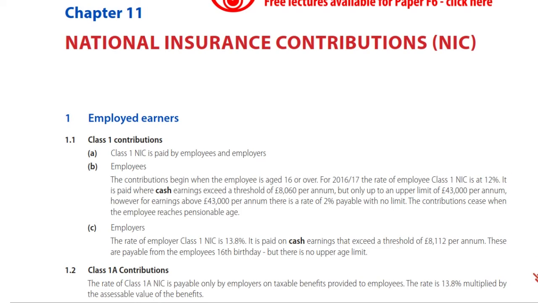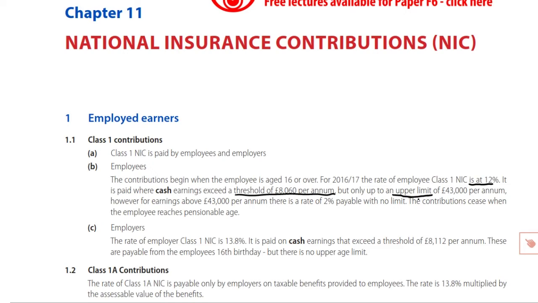So if we go over £8,060 per annum, then the rate is 12% on the amount above 8,060. But it doesn't stay at 12%, we'll be much relieved to hear, because that only goes up to an upper limit. Again, on your rates and allowances page, for Class 1 employee contributions, you should be able to see both the lower and upper limit, 8,060 and £43,000 respectively, and that between 8,060 and 43,000 the rate paid is 12%.